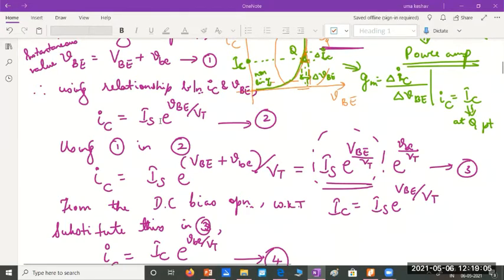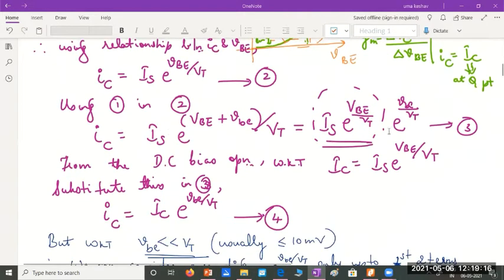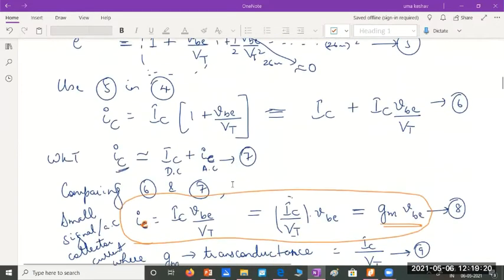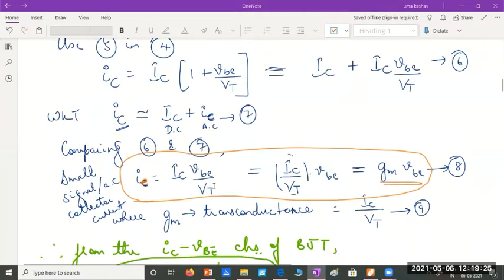So IC is equal to IS, the reverse saturation current, times e power VBE by VT. VBE represents the base emitter voltage, VT represents the volt equivalent of temperature. Then we simplified this and we could show that, using the expansion for the exponential series and all that.